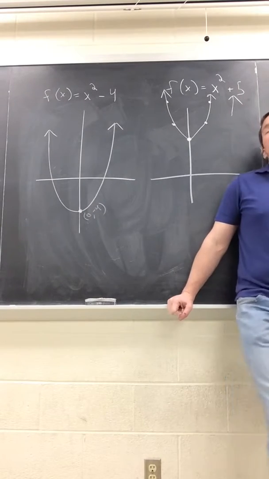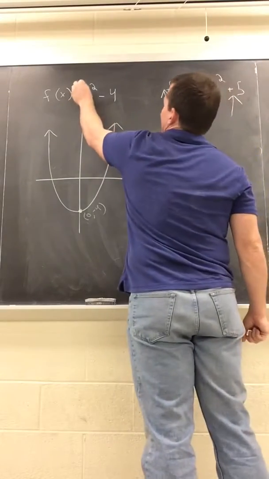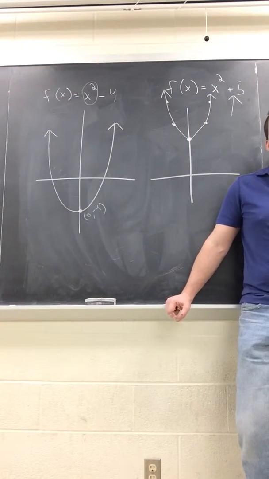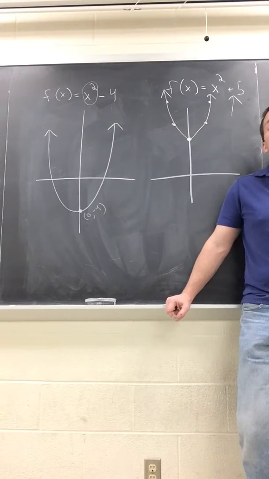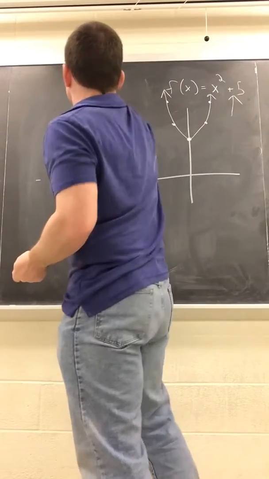As far as all of these transformations go, basically, if you do something outside of your function, outside of your x squared, say, then it will affect your graph vertically. If you do something inside of your function, it will affect it horizontally. So, suppose we do something else.